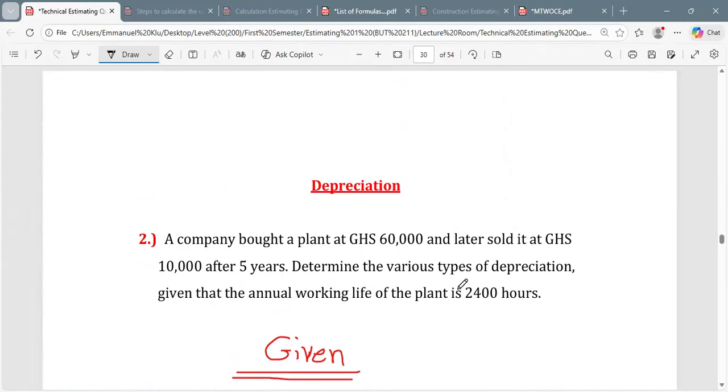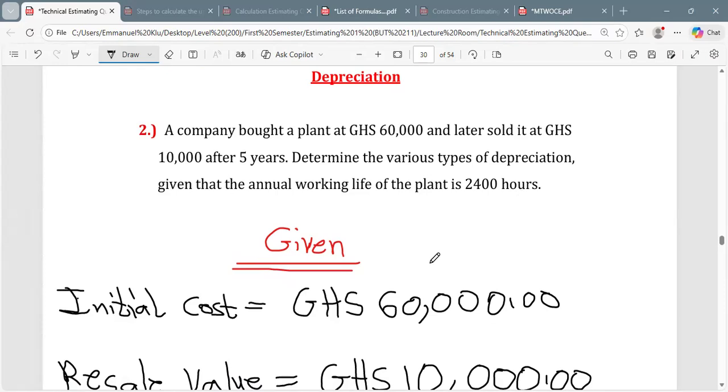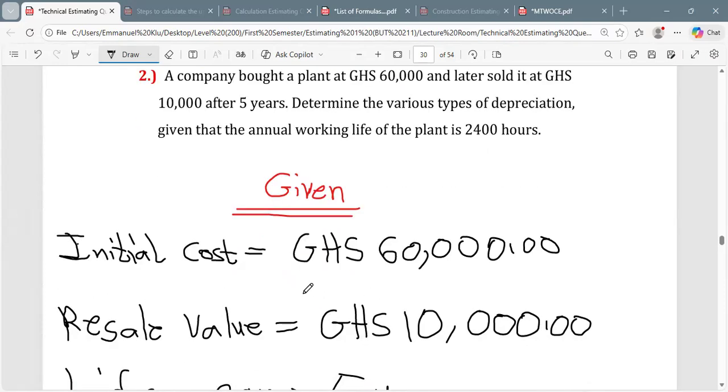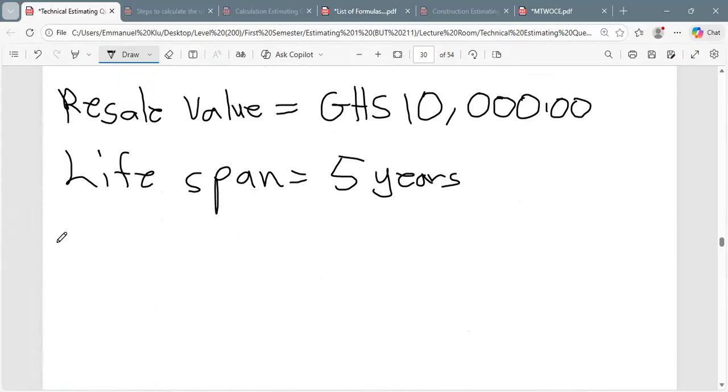And then what else again? Determine the various types of depreciation, given that the annual working life of the plant is 2,400 hours. So the annual working life of the plant, in the whole of 1 year, it works for 2,400 hours.